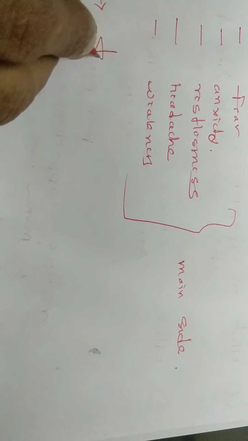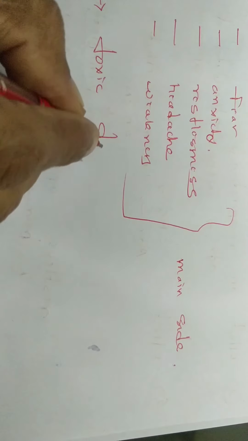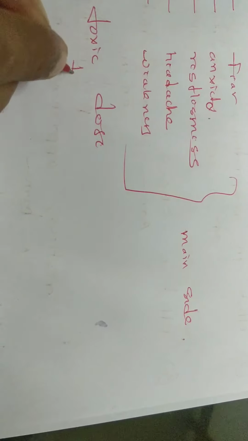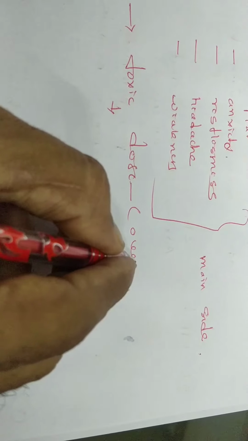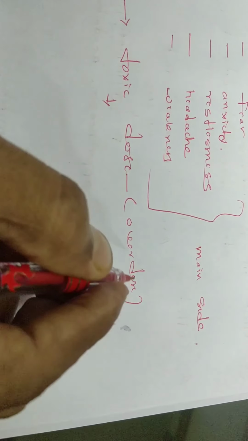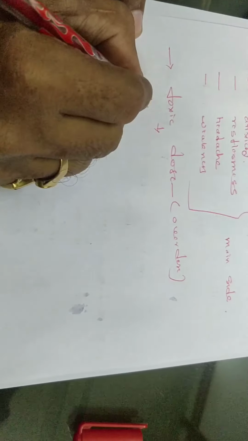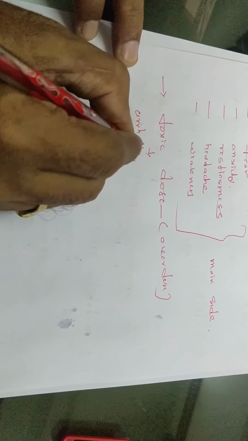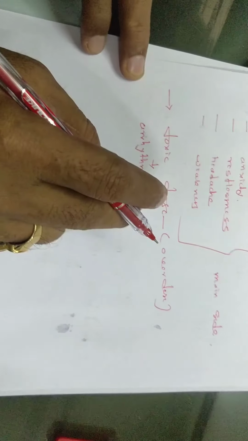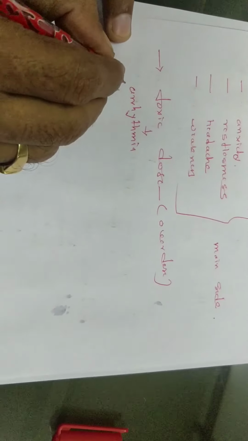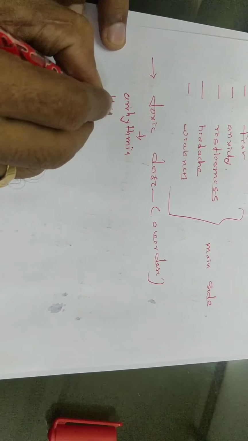Then toxic dose of catecholamine causes overdose. Toxic dose means overdose. It causes arrhythmia, heart rhythm should be in balance. Hypertension.